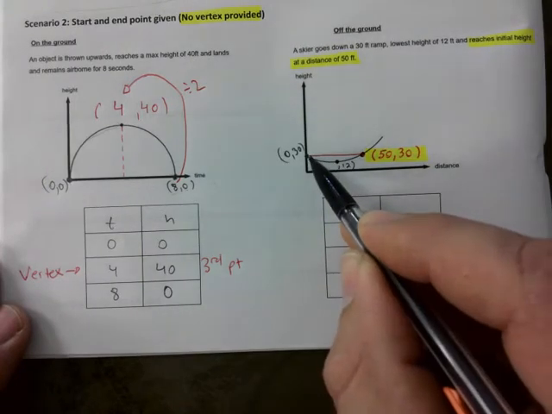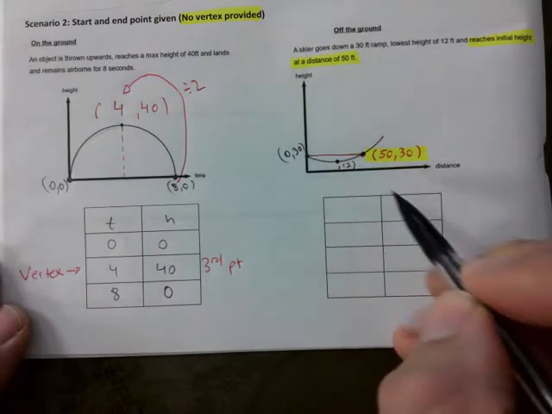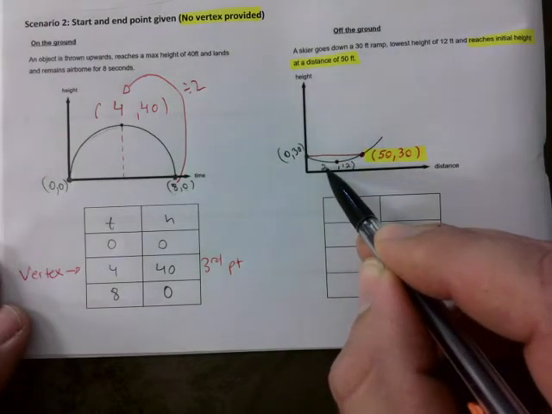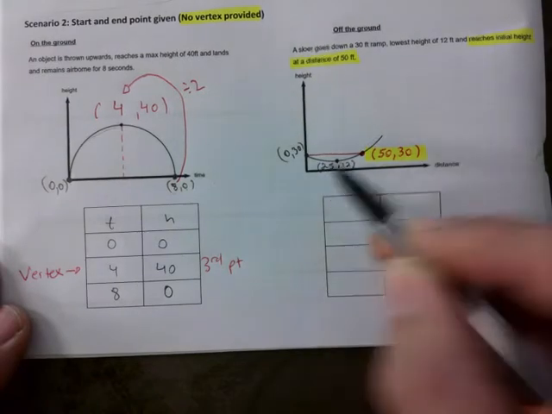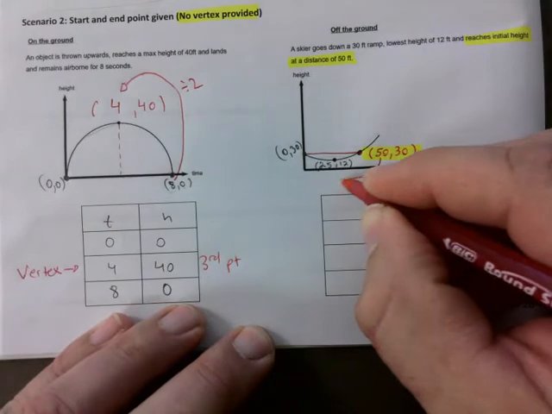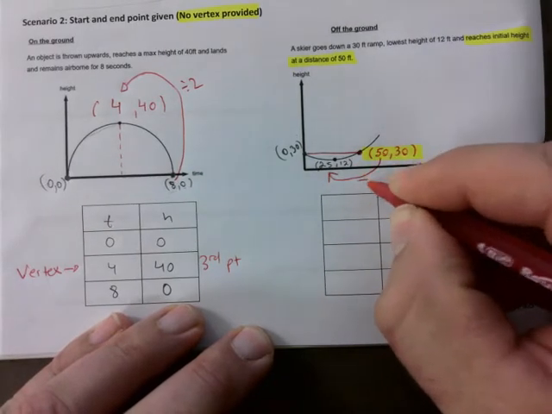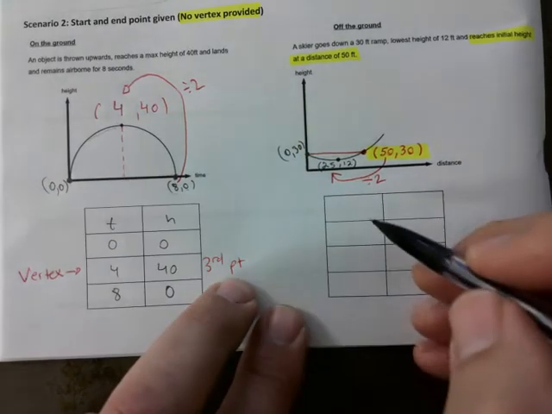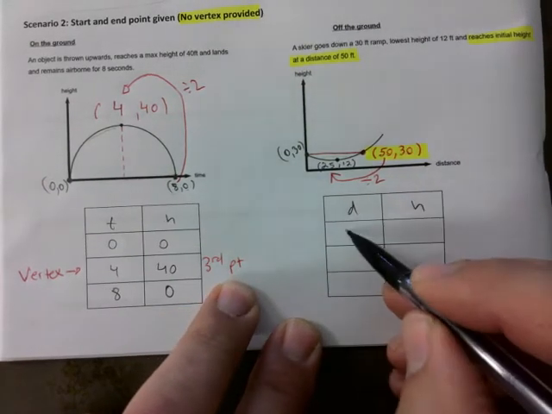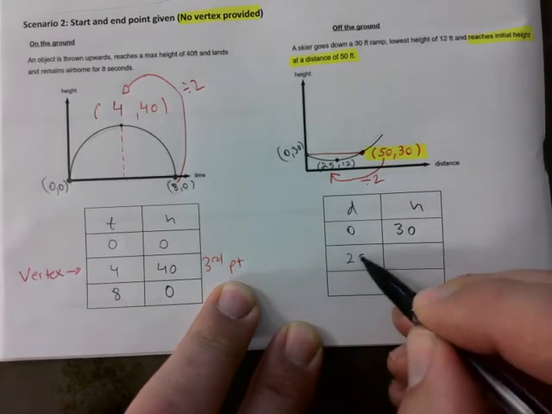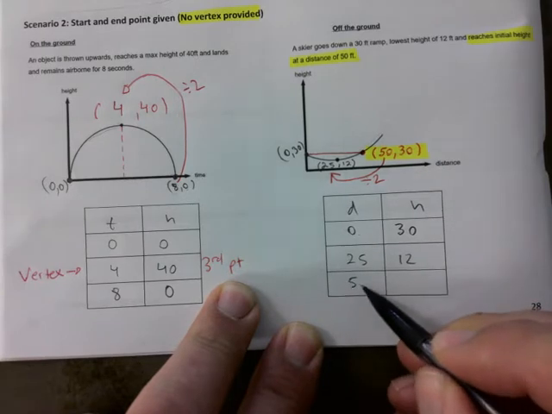And if it takes us 50 units, in this case a distance of 50 feet, it would take us 25 to reach the middle point. So we get that just by dividing it in half. So here you would have distance and height. It's 0, 30; it's 25, 12; and it's 50, 30.